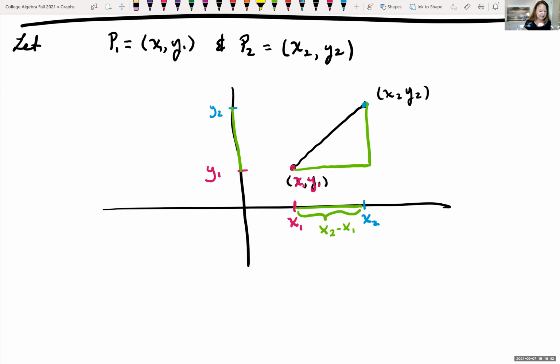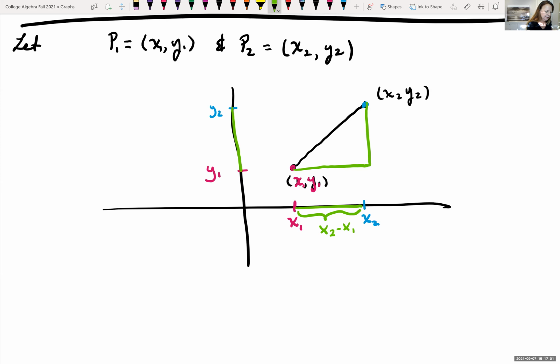Same sort of idea. I can figure out what this distance is by looking at the big distance, y sub 2, subtract off the smaller distance, y sub 1, and that would give us that distance between y sub 2 and y sub 1.